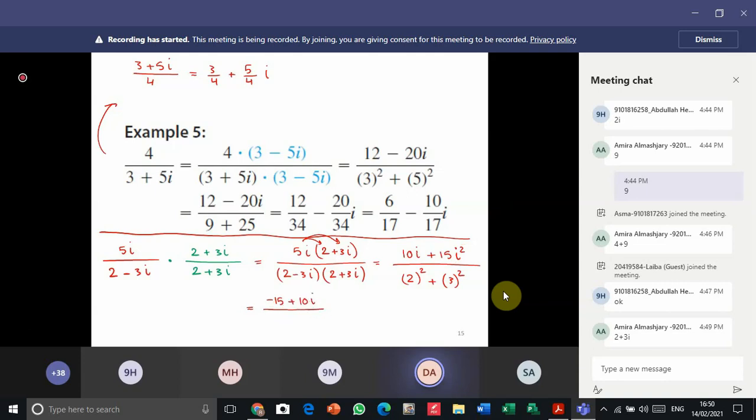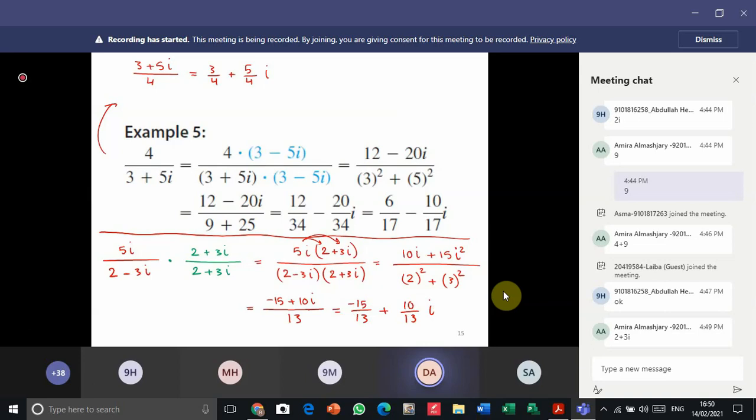Why negative 15? Because 15 is multiplied by i square, and i square equals negative 1. Over 4 plus 9, we have 13.